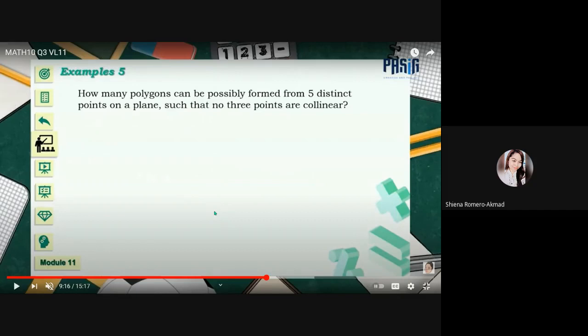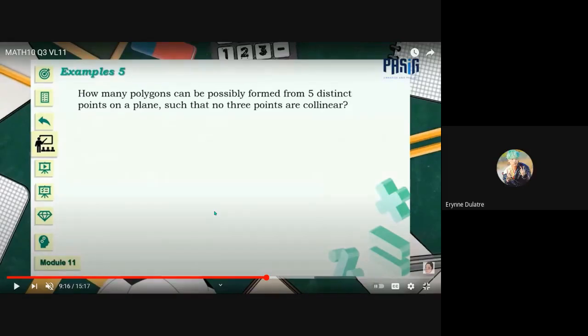Ano yung mga polygons na meron tayo? Ano yung tawag natin sa three-sided polygon? Triangle.